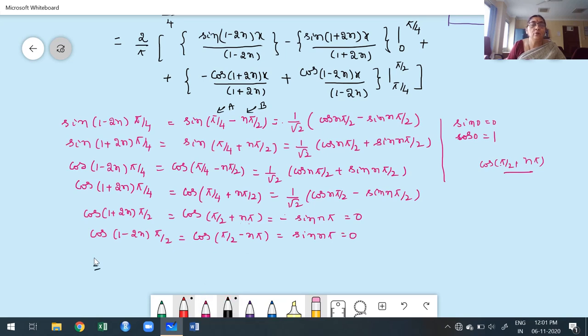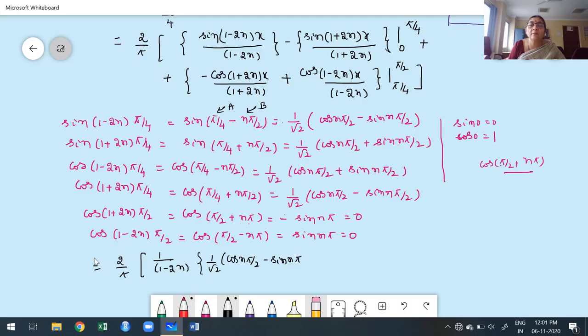Now 2 by pi of 1 by (1 minus 2n) is a constant. Keep it outside. Apply the upper limit. What's the upper limit? Sin of (1 minus 2n) into pi by 4. What is that? 1 by root 2 into cos of n pi by 2 minus sin of n pi by 2.